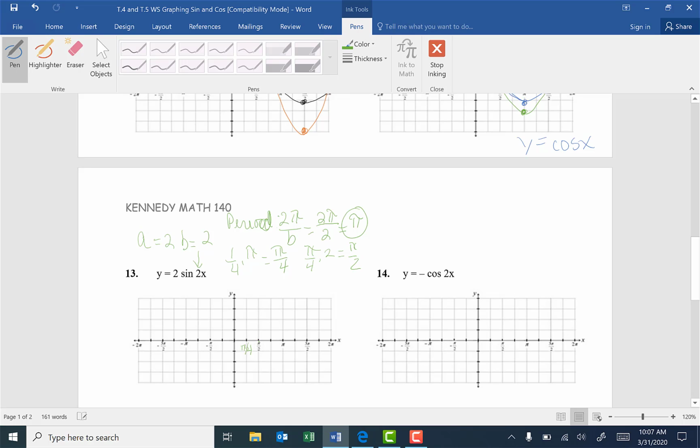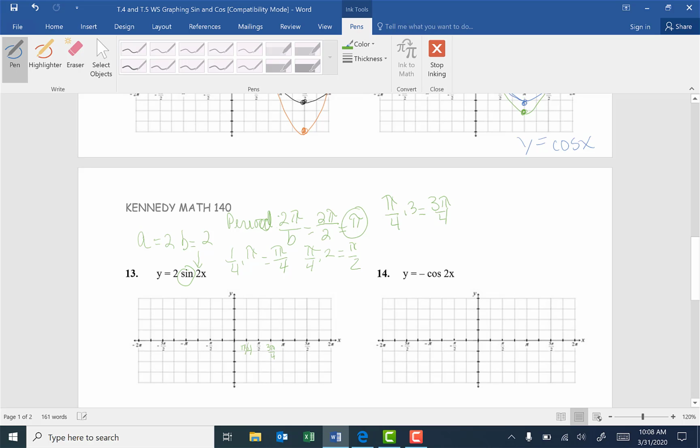So pi over 2 is our midpoint. We then take pi over 4 times 3, and we get 3 pi over 4, which is here. And then we have pi. So our graph isn't going to go all the way to 2 pi. It's going to repeat itself at pi. So it's the sine curve.